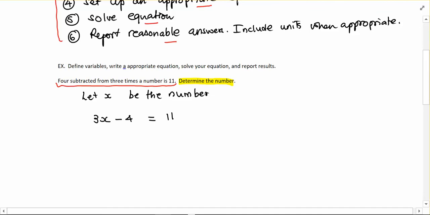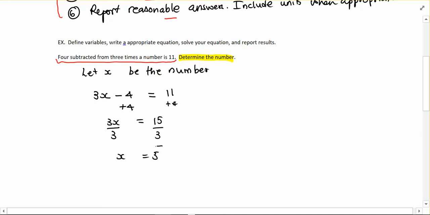This is a pretty easy equation to solve, so I'm going to add 4 to both sides. I get 3x is equal to 15, divide by 3, divide by 3, x equals 5. Solve the equation. Report reasonable answers, include units when appropriate. There are no units on this. That is sufficient in this particular problem as a reasonable answer.